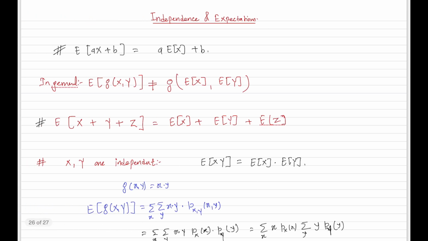Also you can think of it like this. Let's say instead of x, you have some function of x, and some function will also be a random variable. So you have a function of random variable x, and also a function of random variable y. If random variables x and y are independent, then their functions will also be independent.